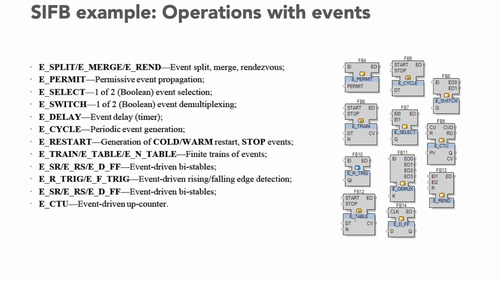There are several libraries of function blocks already defined in the IEC 61499 standard, and one of these is operations with events. Several standard event operations are implemented as function blocks, and these are listed in this picture.